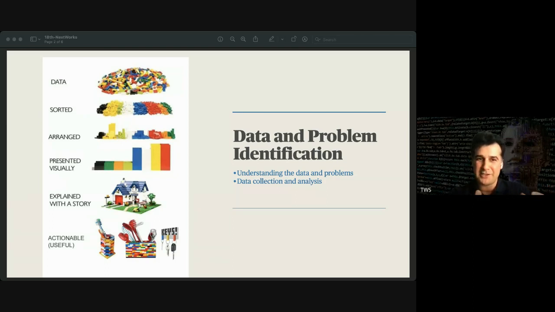Pretty much the data is like all Lego pieces, all together, and you can't really have an idea of what the problem is. Everything looks fine, just pieces together. But as soon as you start sorting them out, you see a clearer vision of what's there, and that's called sorting data basically.